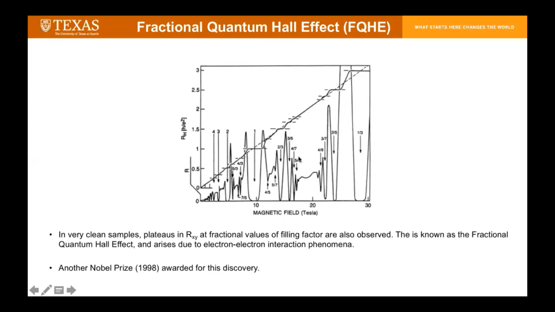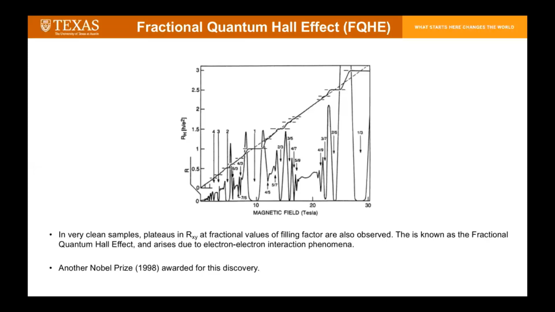These numbers represent the fractions of the Landau levels that are filled. So this is a relatively new discovery, which was made quite a few years later than the integer quantum Hall effect. And this discovery has also been awarded another Nobel Prize. One more point is that the fractional quantum Hall effect arises because of interaction phenomena between the electrons.